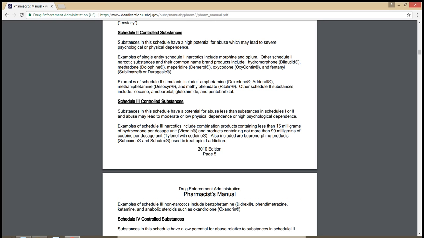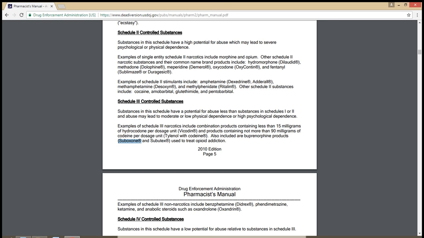The next thing I want to mention is buprenorphine is another Schedule 3 medication. Buprenorphine is usually present alone. So Subutex, which is no longer, it's discontinued. That's the brand name of buprenorphine. And then we have Suboxone, which is a combination of buprenorphine with naloxone, and that's usually used for opioid dependency.